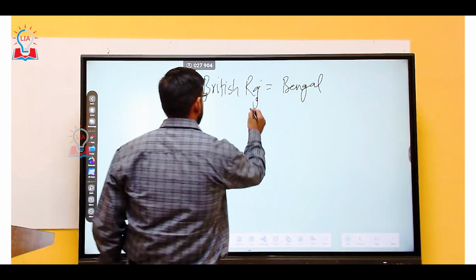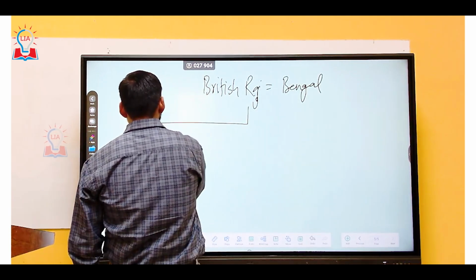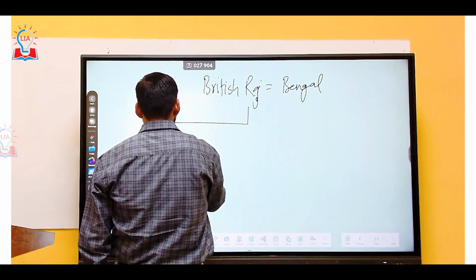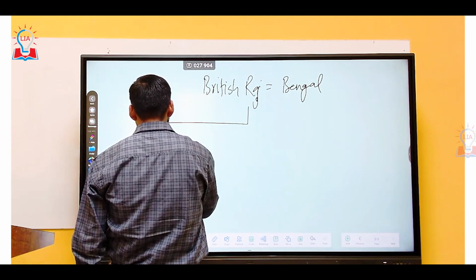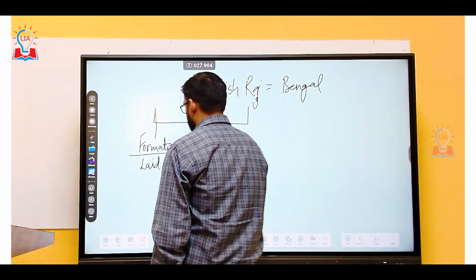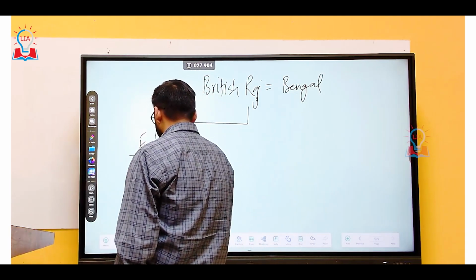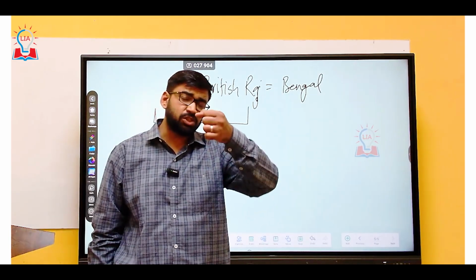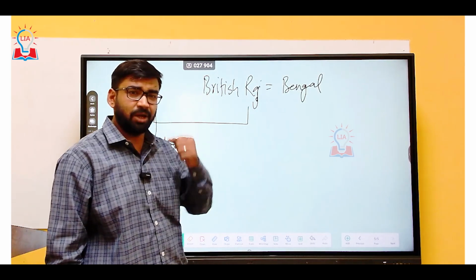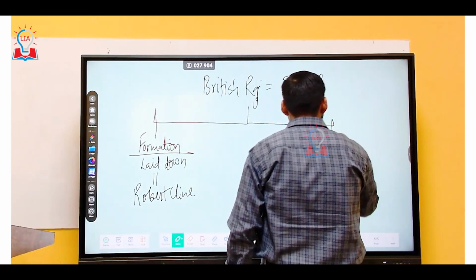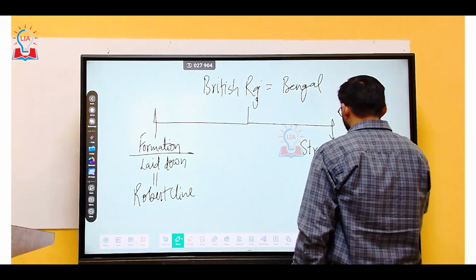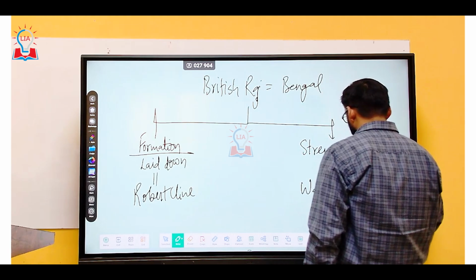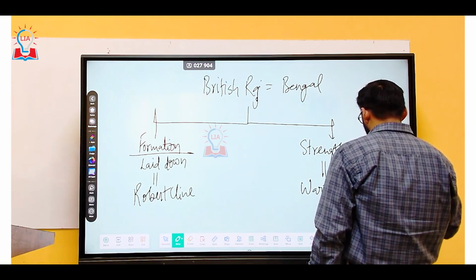Clear? So who laid the foundation of British Raj in Bengal? The formation was laid down by Robert Clive, and who gave the strength to British Raj in Bengal? Strength was given by Warren Hastings.